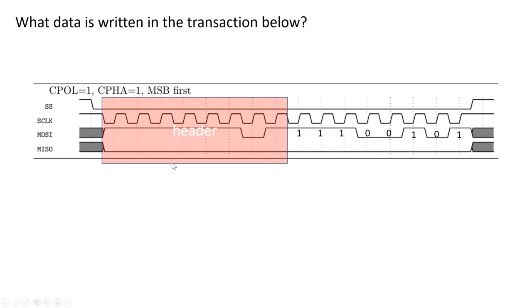So you have to first identify the two exchanges here. You have to count 8 cycles. The first 8 cycles are for the header. The second 8 cycles are for the data. So in this case, the data is in the second 8 cycles of the transaction.